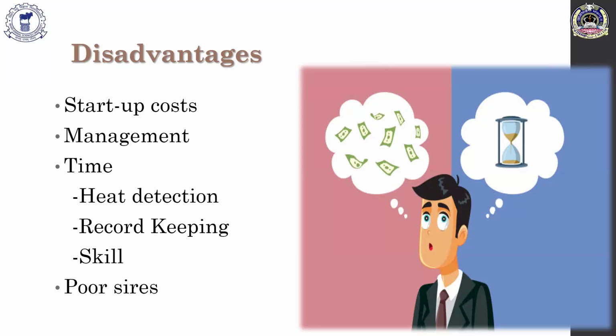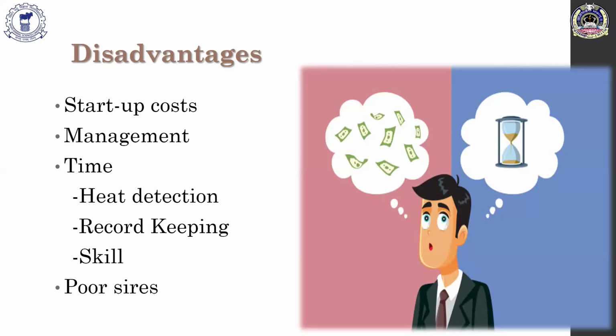So, proper heat detection and proper record keeping are needed, as it may vary from animal to animal; females can show various estrus lengths. And third, for artificial insemination, a skilled person or worker is required.